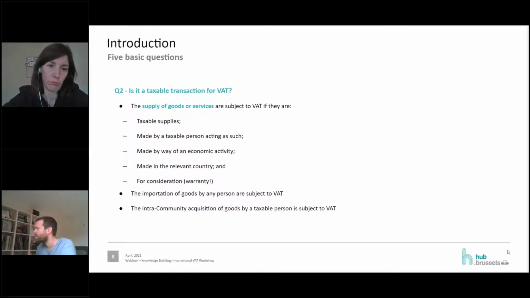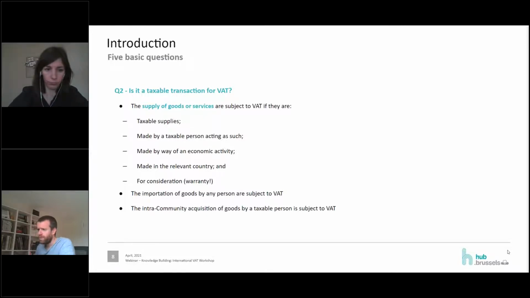It is really the flow of goods, because that's where you will have to assess if you have any VAT obligation in another country, if you do a transaction with a counterparty, or if you do a transaction outside Belgium. So that's always being able to map the flow of goods when you're entering into a transaction, either a new one or an old one that might involve another country than Belgium.